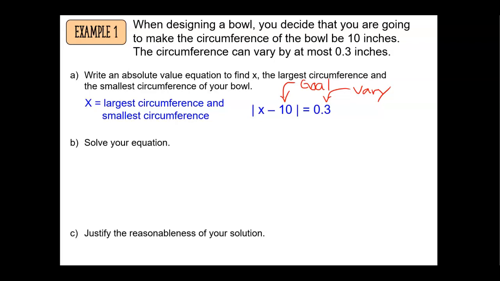Now, letter B, can you solve that equation? Can you split it into 2? We've done that on 3.2. When you split it into 2, the x minus 10, you get rid of the bars, is going to equal a positive 0.3 and a negative 0.3.